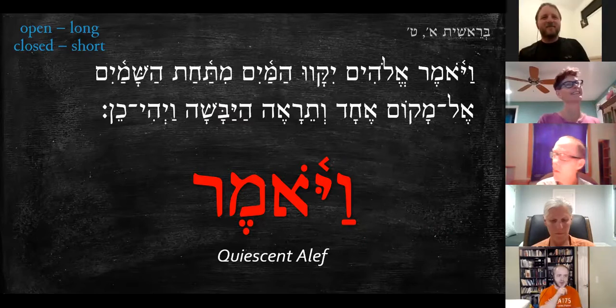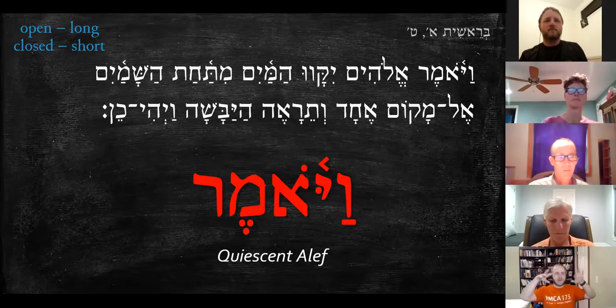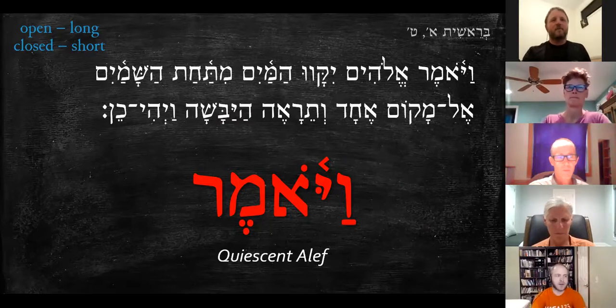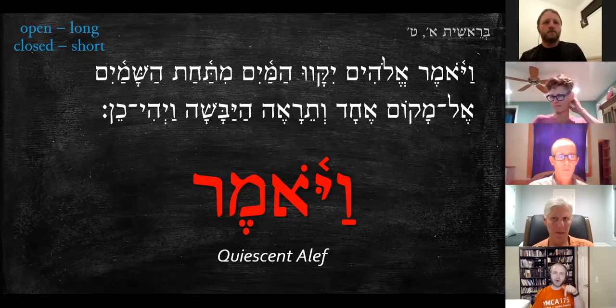Before we move on from this page, quick. I'm trying to assimilate all this information and think a little beyond it. Imagine we had a pointed manuscript here, and we saw the word vayomet with the segol here. We would have to know that it's a closed syllable, right?